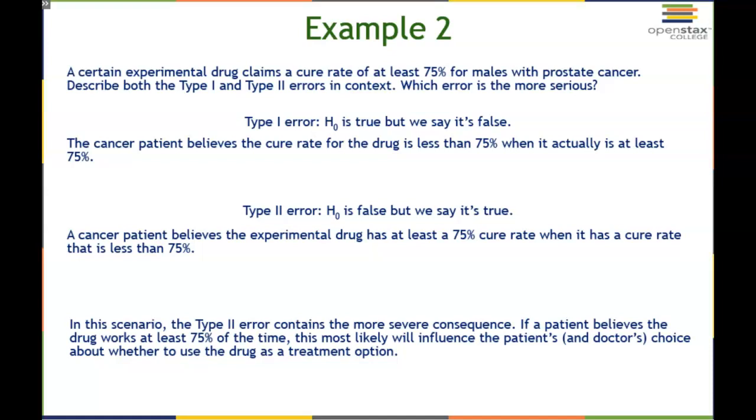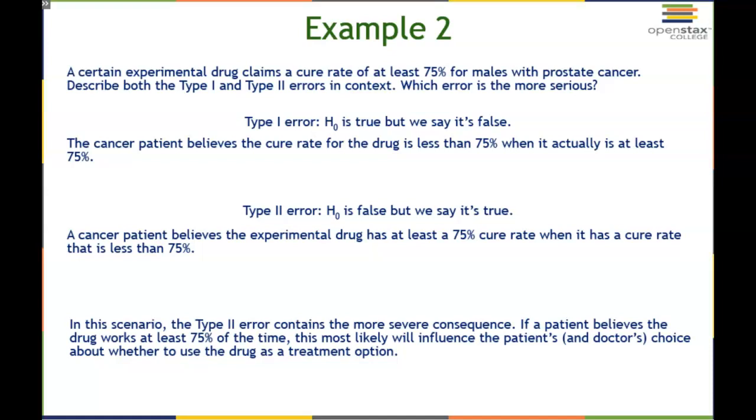That would have a more severe consequence because the patient believes that it's 75%, when in reality it's only 10%, and the doctor might prescribe it as a drug treatment more. So in this case, a type 2 error can be more consequential.